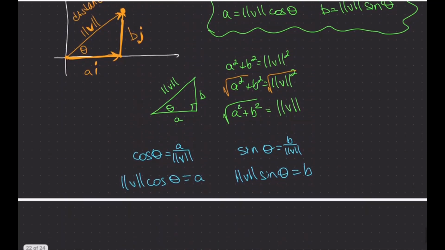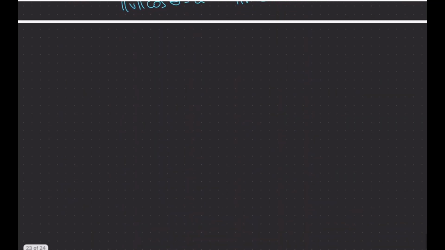All right, so let's say they want us to write the vector v in terms of that vector i and j.